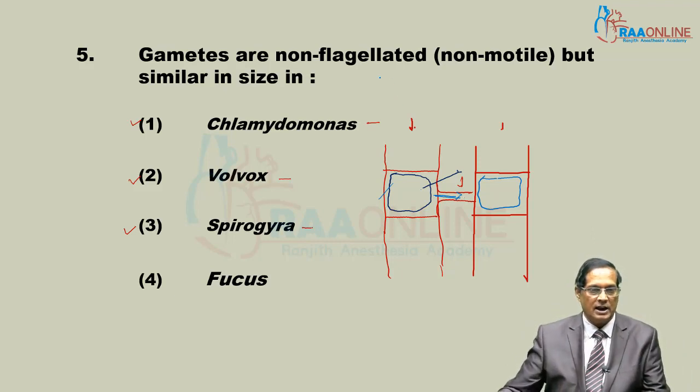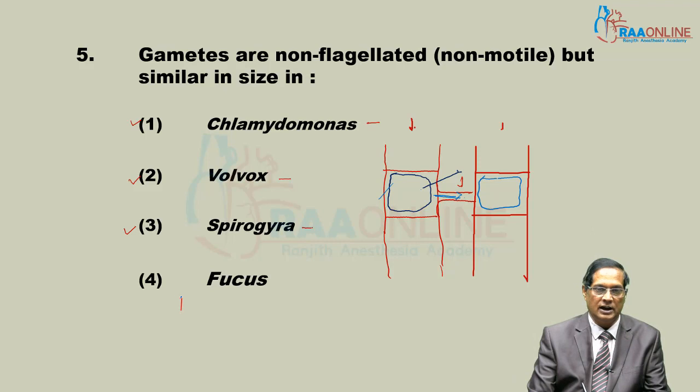So Spirogyra gametes are morphologically isogametes. That is, they are very similar in structure and cannot be distinguished.